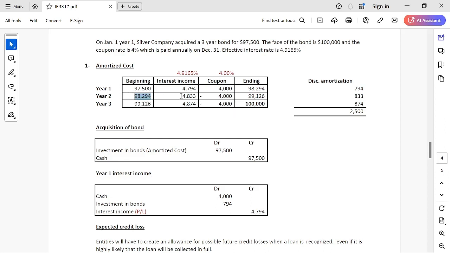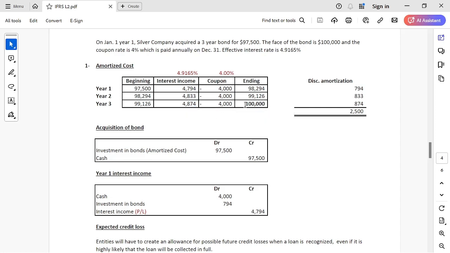It's going to earn interest at 4.9165%, which is this, and then they're going to pay us 4,000. That's the ending of the second year, and then we use it to start the third year. Then it will earn interest at 4.9165%. And accordingly, we get a payment of 4,000.